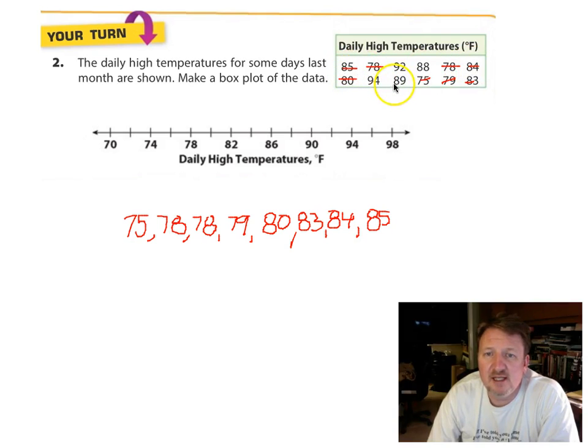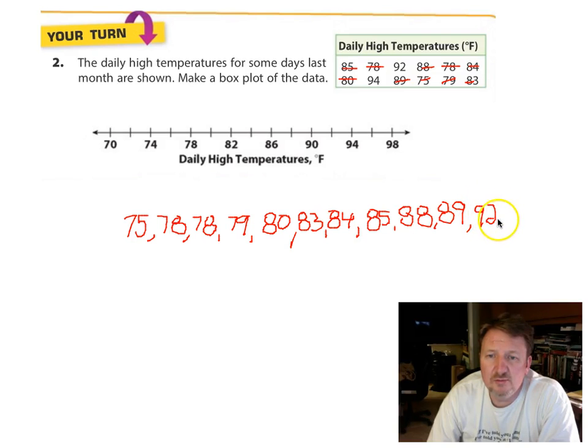So then I have 88, 89. All right, 88 and 89. Then I have 92 and 94. Remember, that is a 9. All right, 92 and 94, and that should be all my numbers.